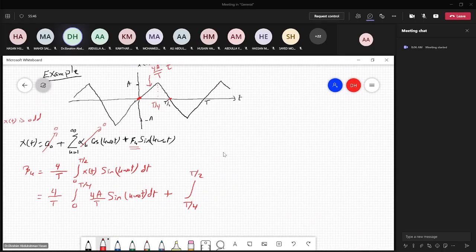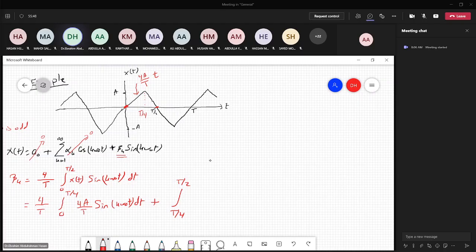Again, we need to find the equation for this one. Let's see, it is T over 2 minus T over 4, and here we have A. So again, it is equal to 4A divided by T, but with a minus, and the x-intercept is equal to T over 2.